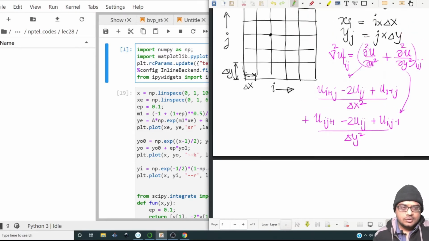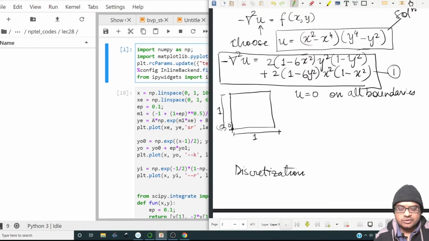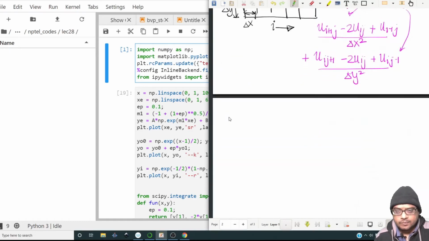Let us recall what the equation is. So it's minus of Laplacian of u is equal to this function, whatever it is. Alright, so minus of the Laplacian of u at (i, j) will therefore be 1 upon... let us assume that delta x and delta y are equal.